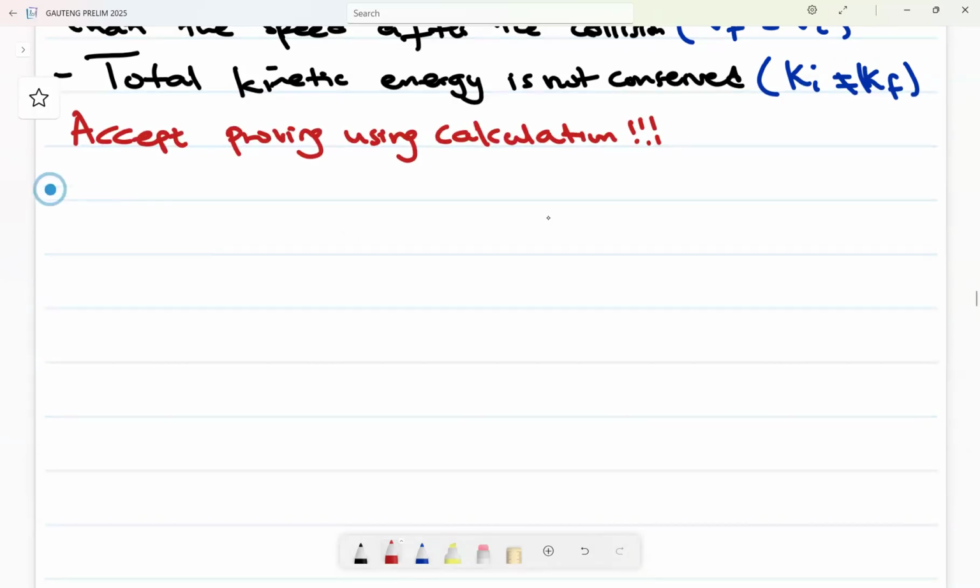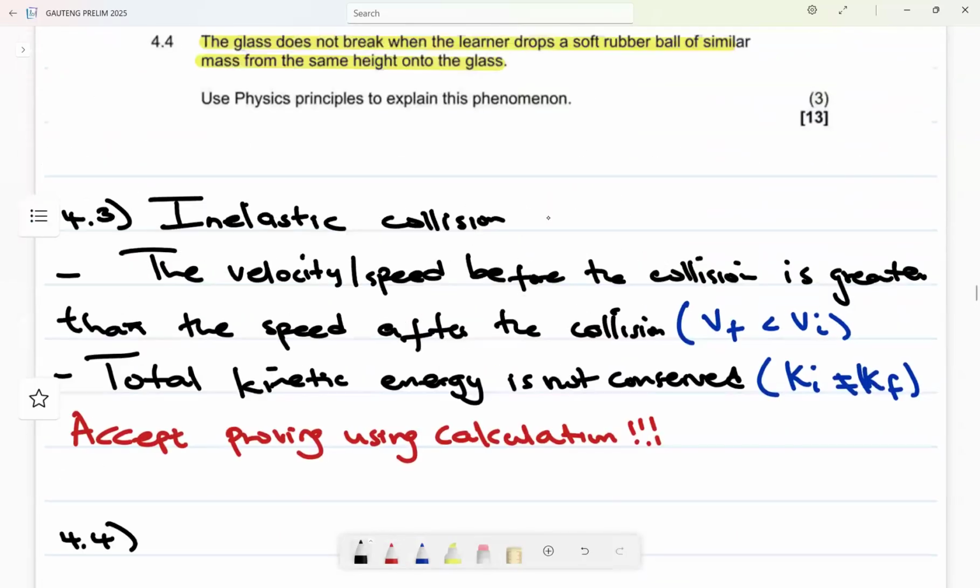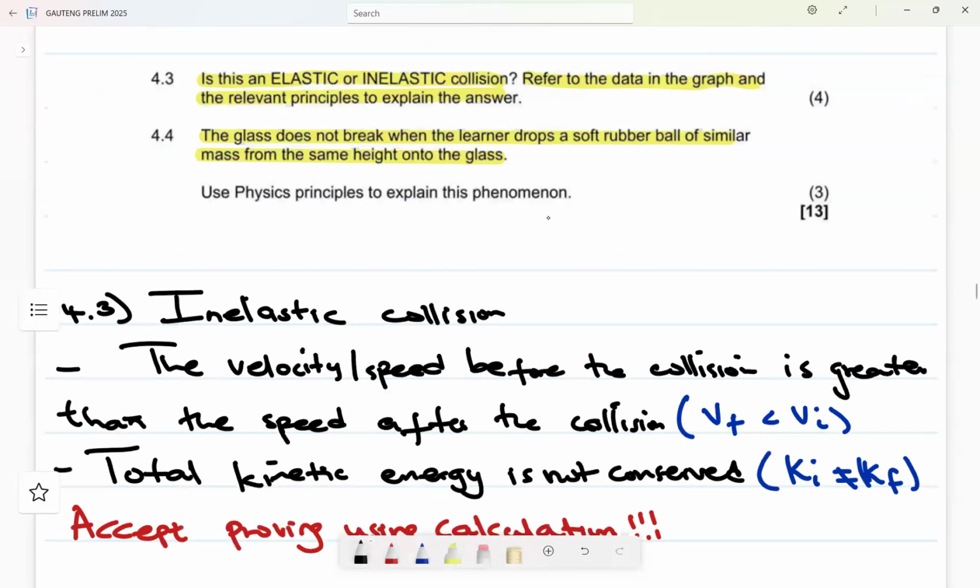Yeah. And then on 4.4, the question is: use physics principles to explain this phenomenon. Which phenomenon? The phenomenon that says when a soft ball is used, the glass does not break.